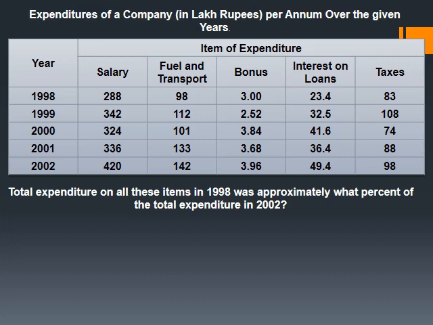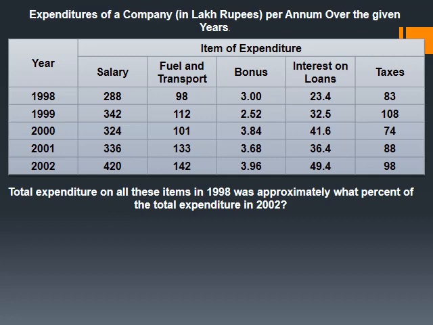So total of all these for 2 years, which year? One is 1998 and the other one is 2002. So we have to add the expenditure during 1998 and we get a number. Similarly, for 2002, add all these expenditures and we get a number.